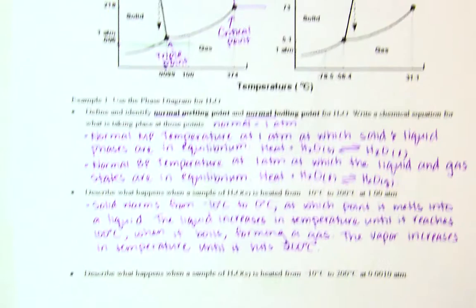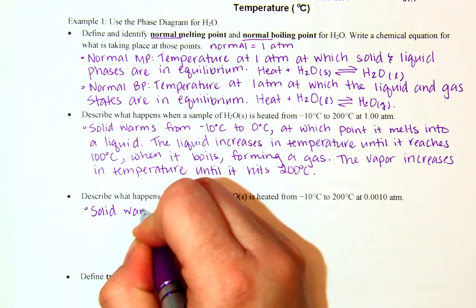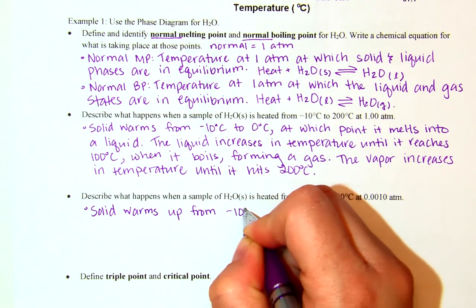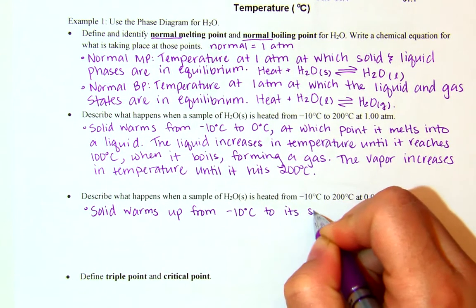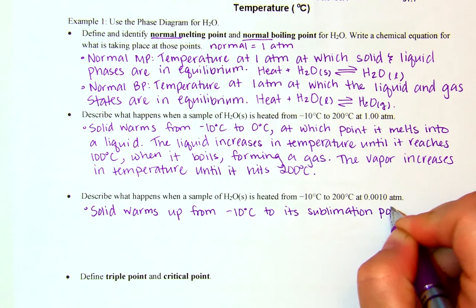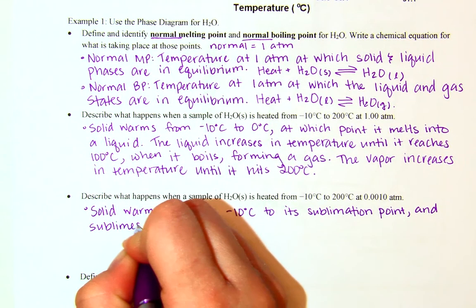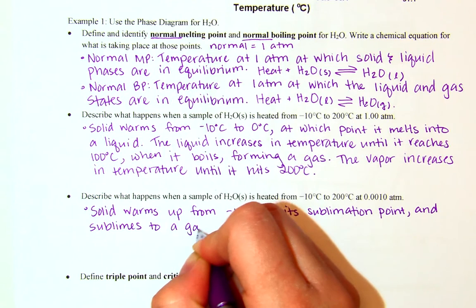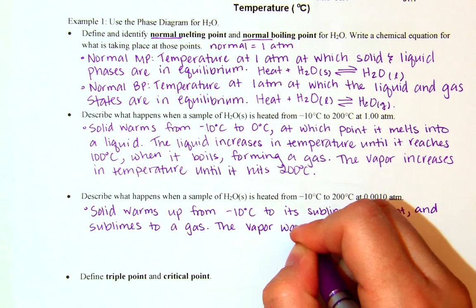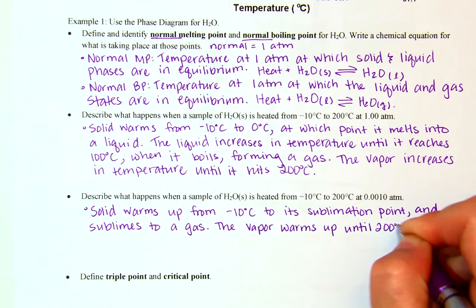So the solid warms up from -10 to its sublimation point, and then it sublimes to a gas. Then the vapor warms up until 200 degrees Celsius.